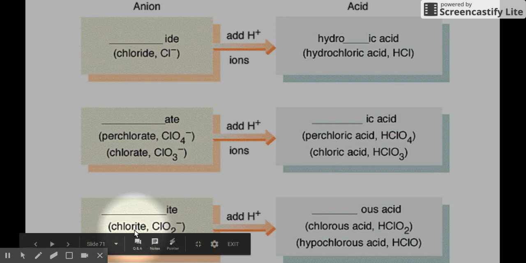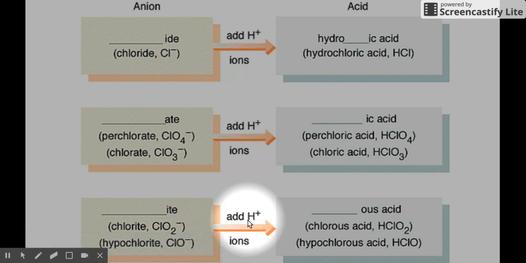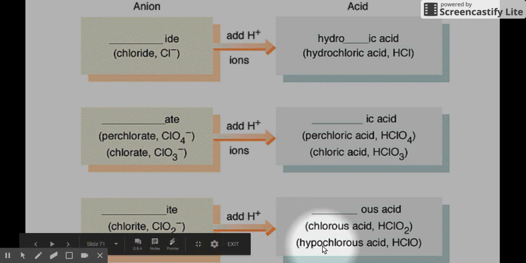ClO2 negative, add your H plus, you crisscross, you get HClO2, which is named with an OUS ending. So chlorite becomes chlorous acid. Similarly, for hypochlorite, you add H plus. Remember, H should always be first because it's the cation. So it becomes hypochlorous acid.